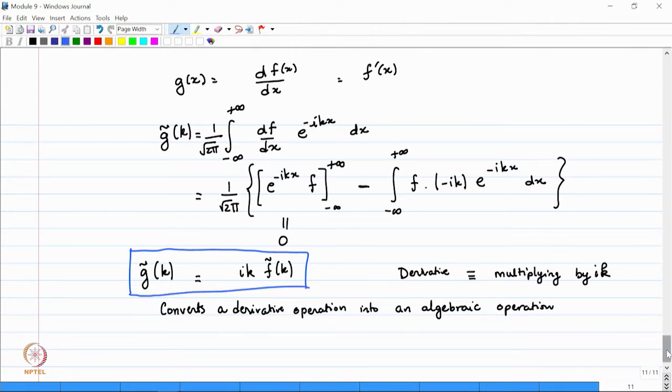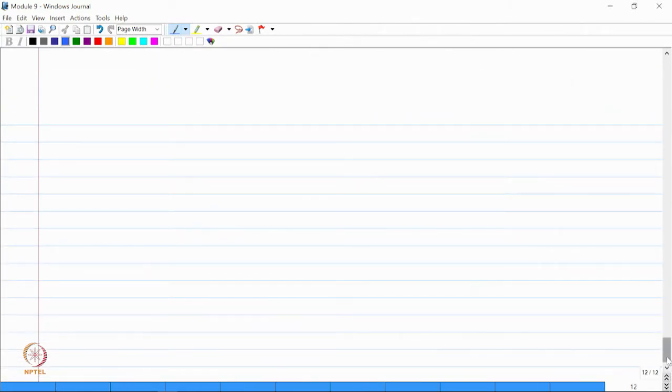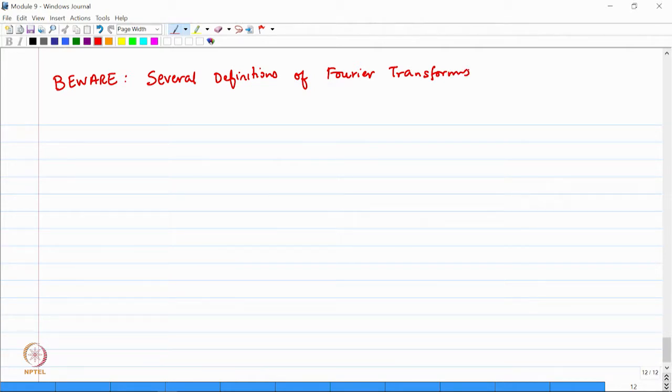Before I go to convolutions, I want to emphasize one point about Fourier transforms. I will just write this in red to emphasize it: beware, there are several definitions of Fourier transforms. We used f tilde of k equal to 1 by square root of 2 pi times the integral of e to the minus i k x f of x dx.